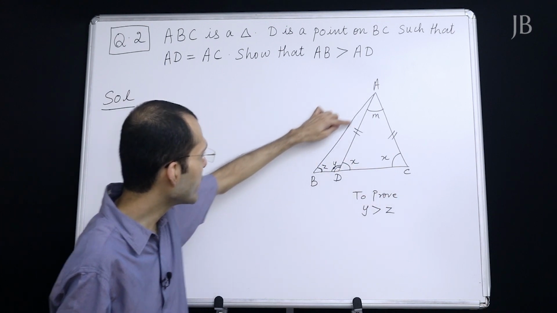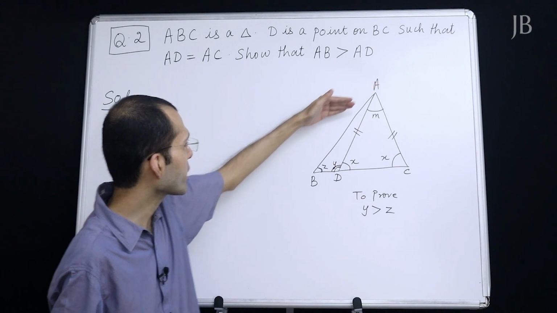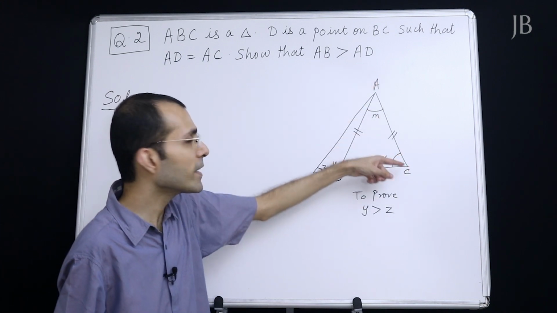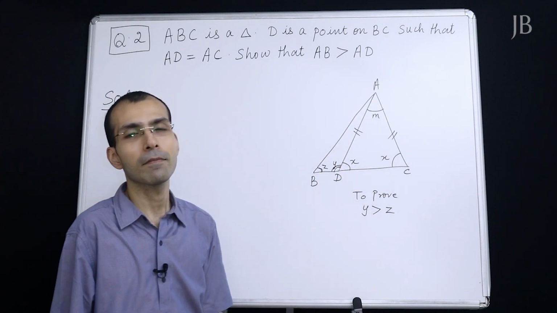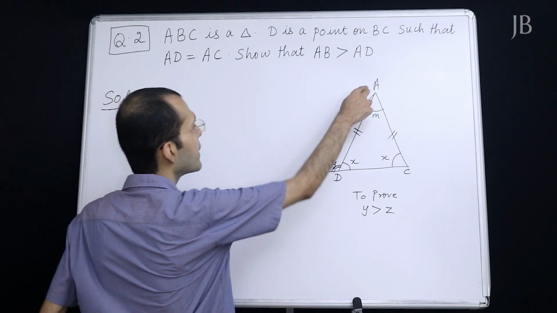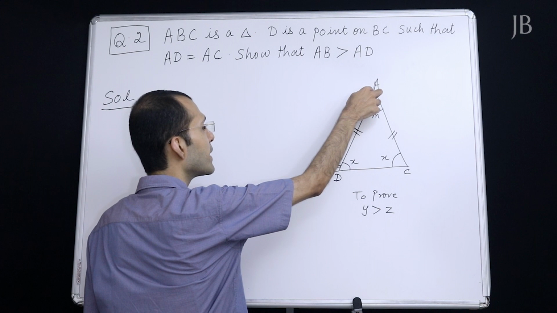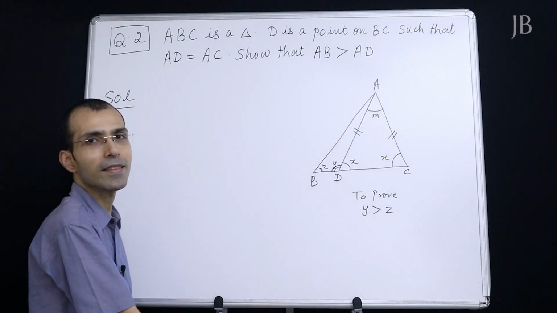So your AB will be greater than AC. Now we are taking this triangle ABC, so AB will be greater than AC. But AC and AD are the same. So if AB is greater than AC, it will be greater than AD also. Because both of them are of the same length.